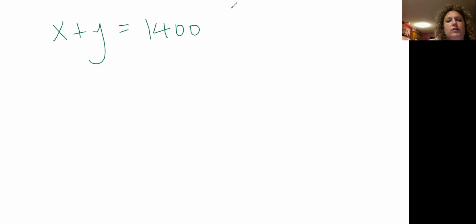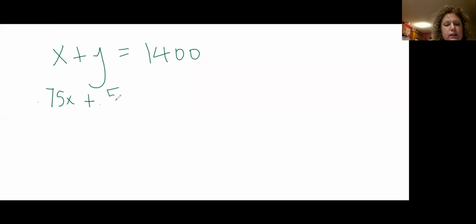Okay, so let's go ahead and solve that system that we just had up there. So x plus y was equal to 1400. And then we had 0.75x plus 0.50y equal 0.70 times 1400.